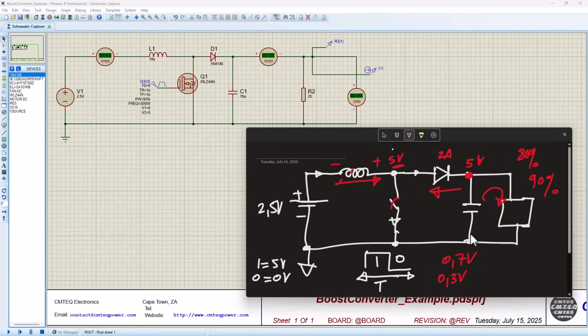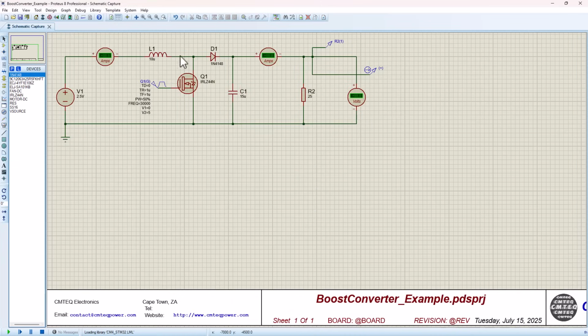In part 2, we're going to go through very minimal calculations to see how we can boost the 2.5 to 5 volt by choosing the correct inductor value, because as you saw when I ran this here, we're not getting a 5 volt, we're getting a 9 point something here.